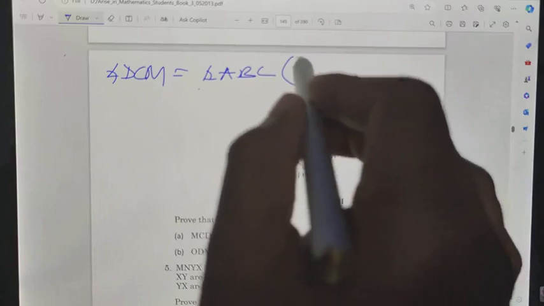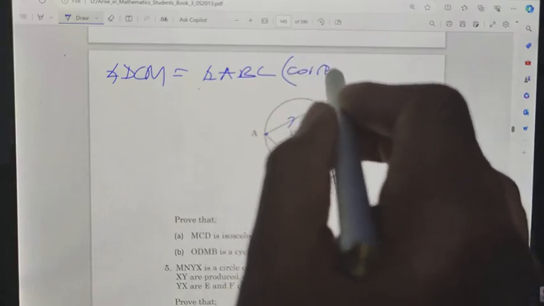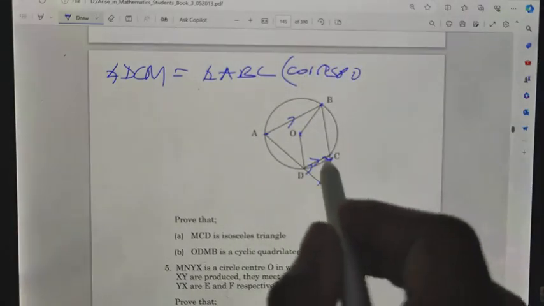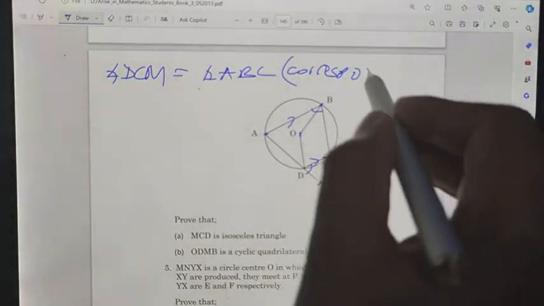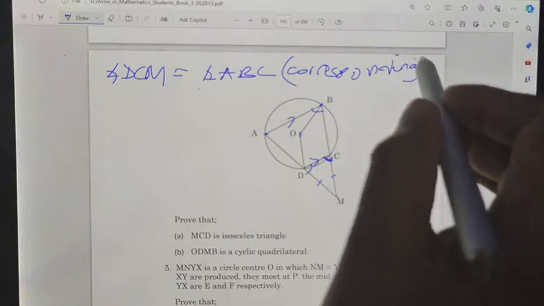Reason, remember, F angles or corresponding angles. That line and that line are parallel, which means this one and that one are equal. Those are corresponding angles.